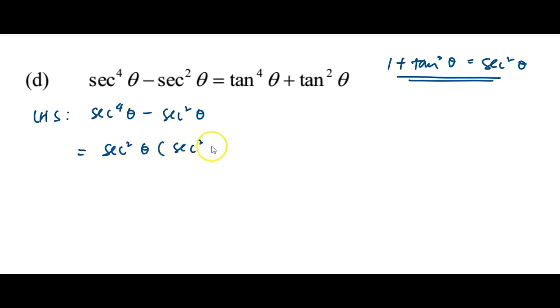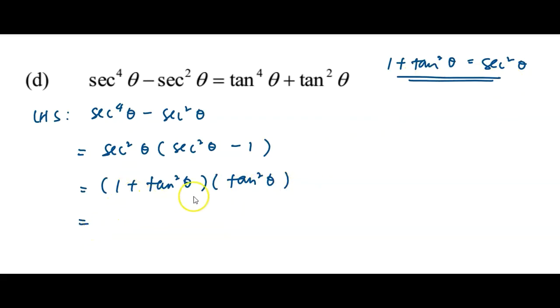In the bracket, I still have secant square theta minus 1. Here the secant square can be replaced by 1 plus tangent square by using this identity. I'm substituting secant square theta as 1 plus tangent square theta. And secant square theta minus 1 can be replaced by tangent square theta by using the same identity.